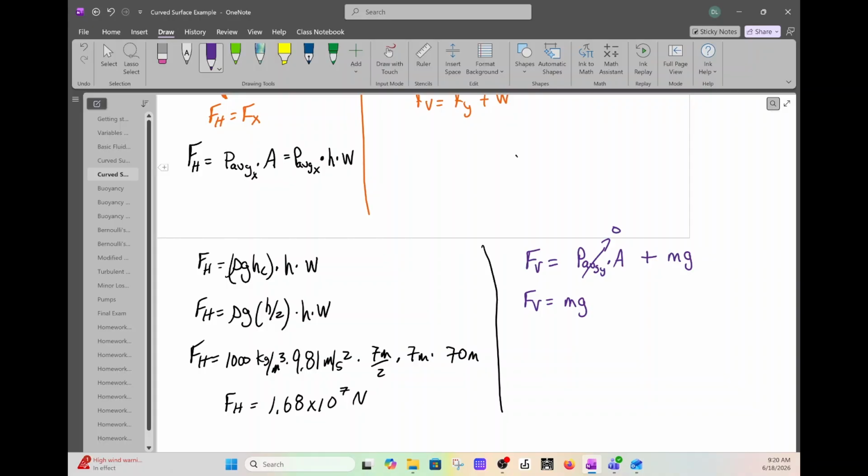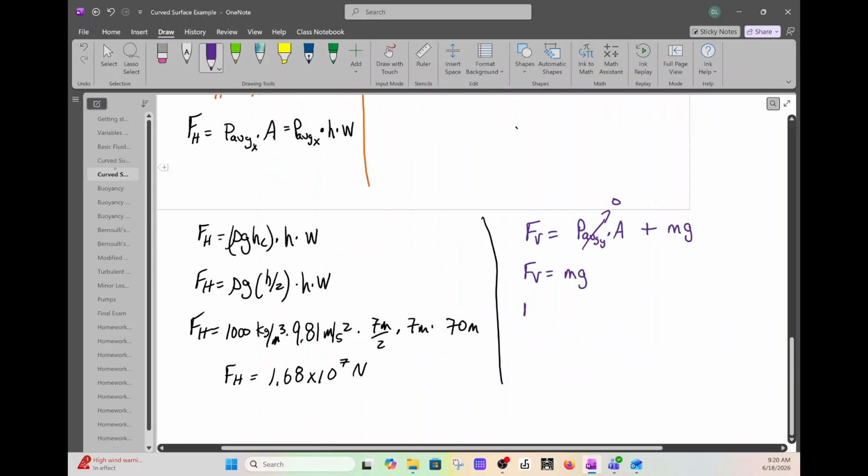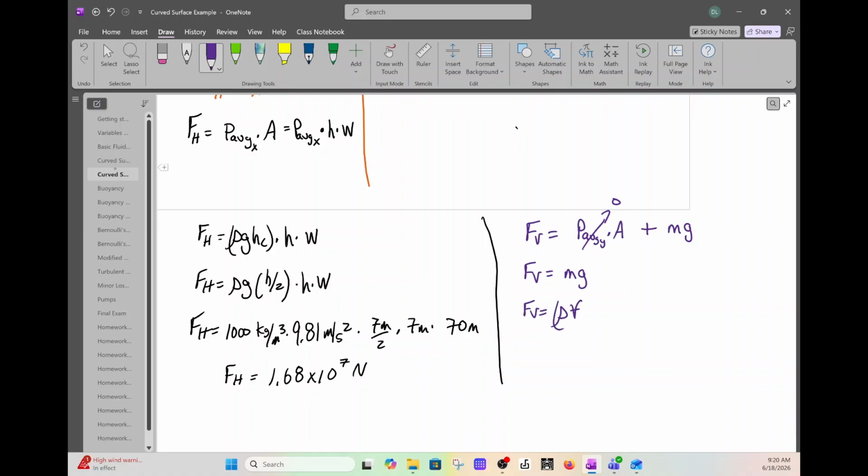Okay. So now the mass of this, we actually have to break out and times it by density and volume times gravity. Okay, gravity and g we know. Now the volume, okay, is this.